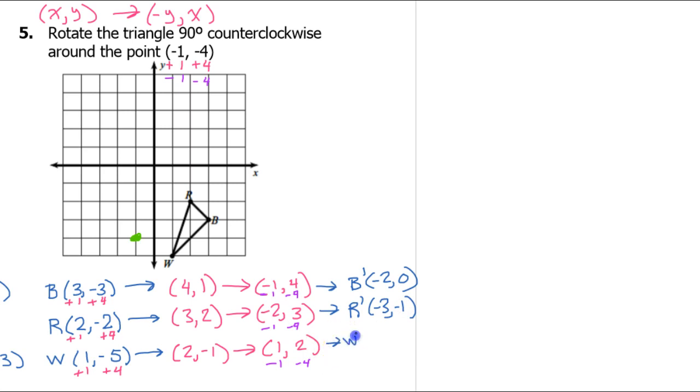And then W prime. 1 minus 1 is 0. 2 minus 4, that's negative 2. Okay, now I'm just going to plot these points to show you the image. So there you go. That's what the image would look like after this 90-degree counterclockwise rotation around the point negative 1, negative 4.